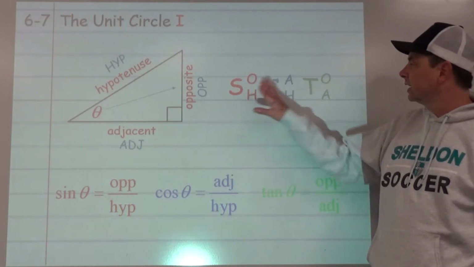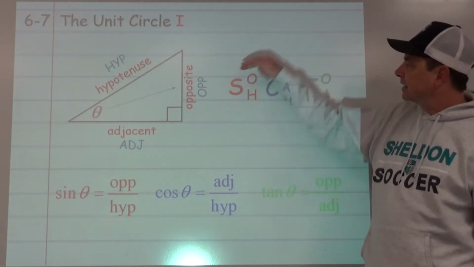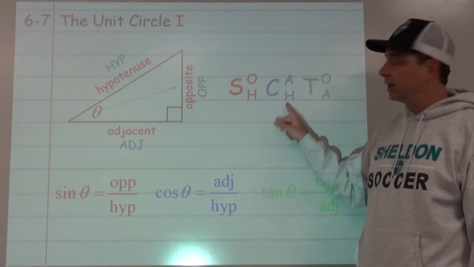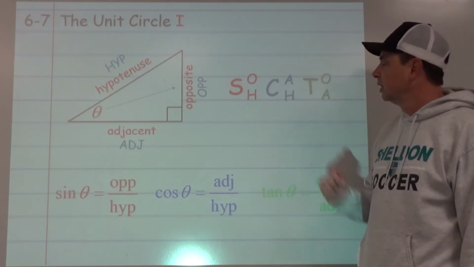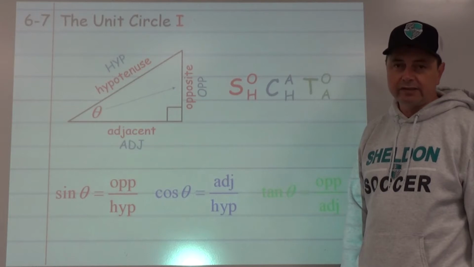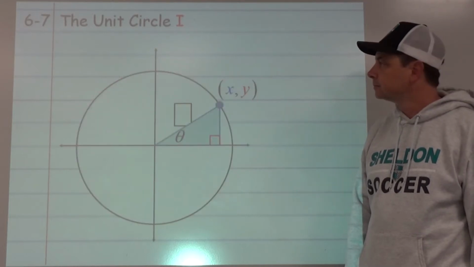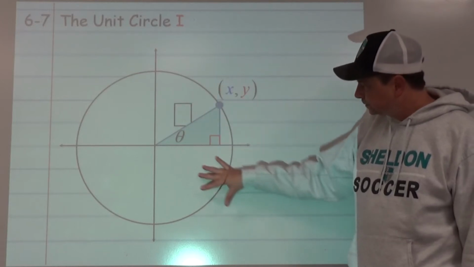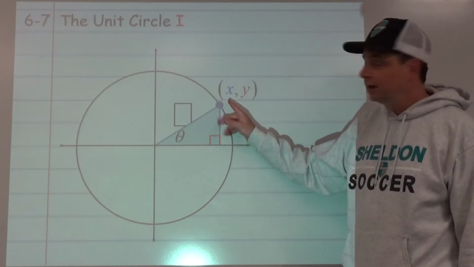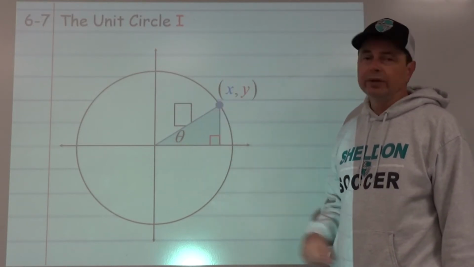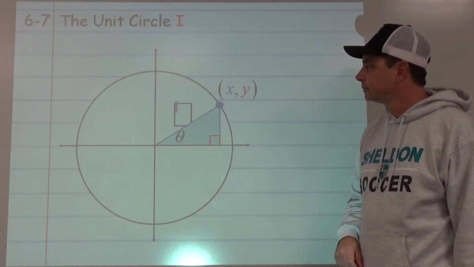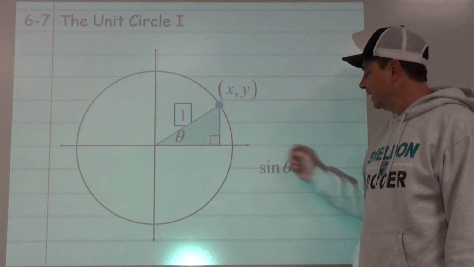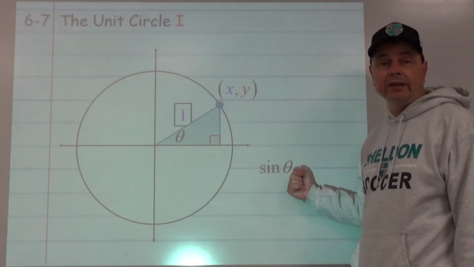All right, so just a reminder back from right triangle trigonometry, which is going to come into play here. We've got sine, cosine, tangent. Sine being opposite over hypotenuse, cosine being adjacent over hypotenuse, tangent being opposite over adjacent. So in the unit circle, we know that the radius is going to be 1. So we're going to start by looking at, well, how would we define sine theta?